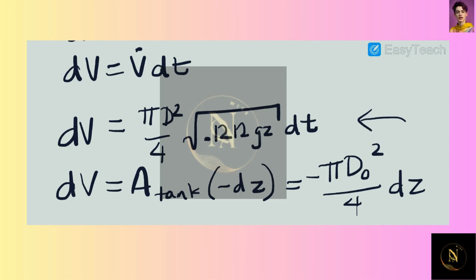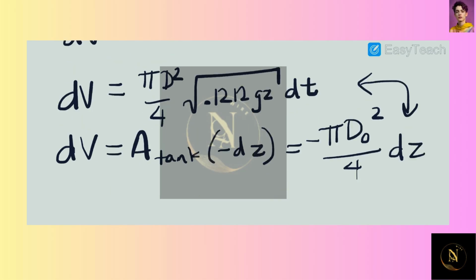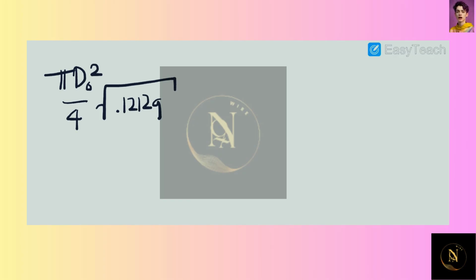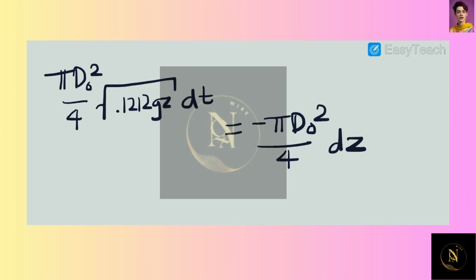Setting these two equations equal for dV, we have pi d squared over 4 times the square root of 0.1212 gz dt equal to negative pi d0 squared over 4 dz.